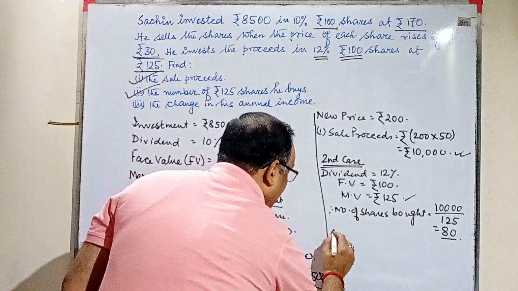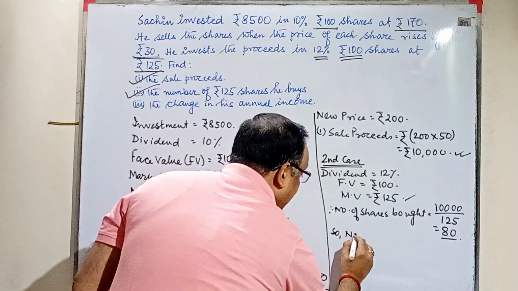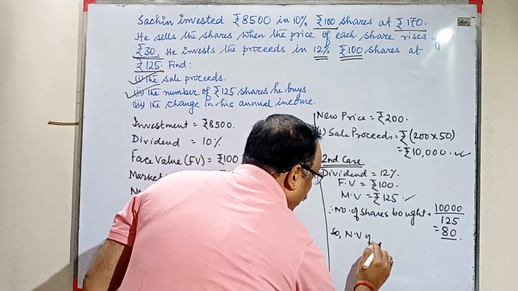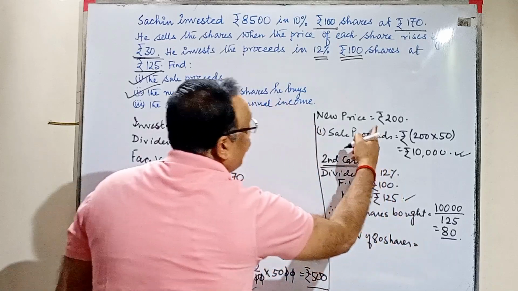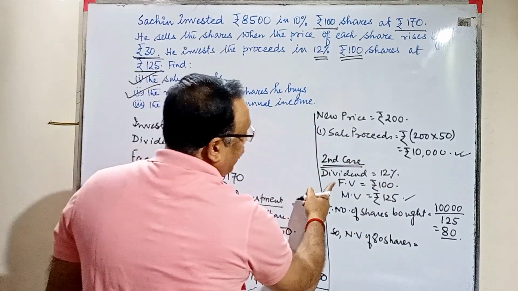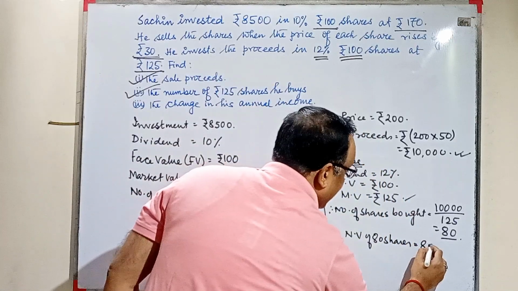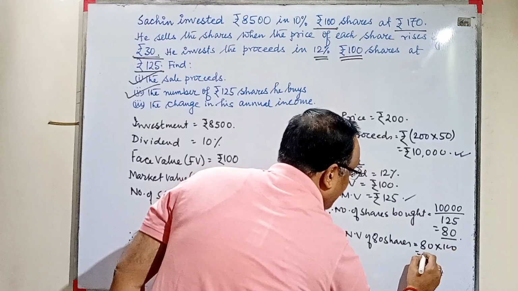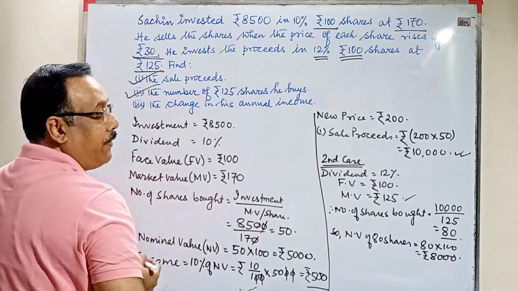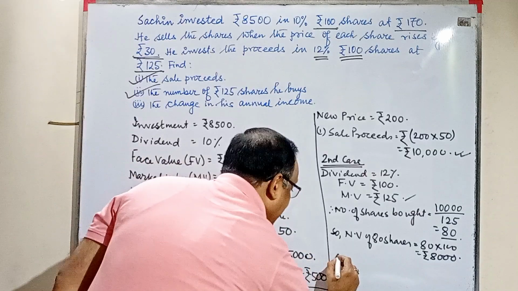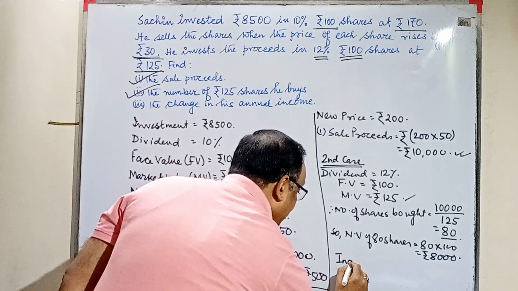So what will be the nominal value? So NV of 80 shares will be, face value is how much? For the second case, the face value is 100. So it will be 80 into 100, that is rupees 8,000. 8,000 is the nominal value of 80 shares. So what will be the income? Income in the second case.